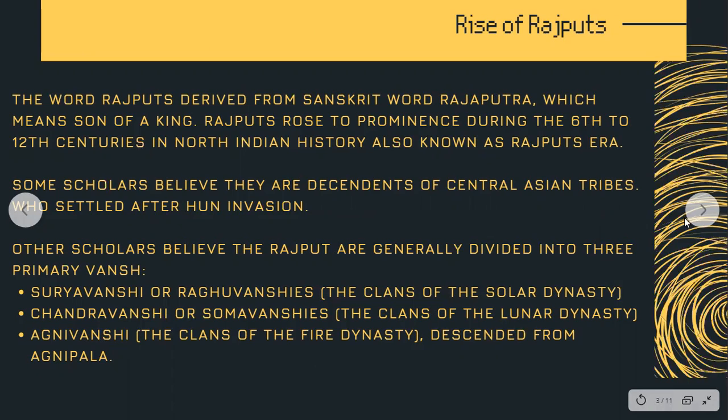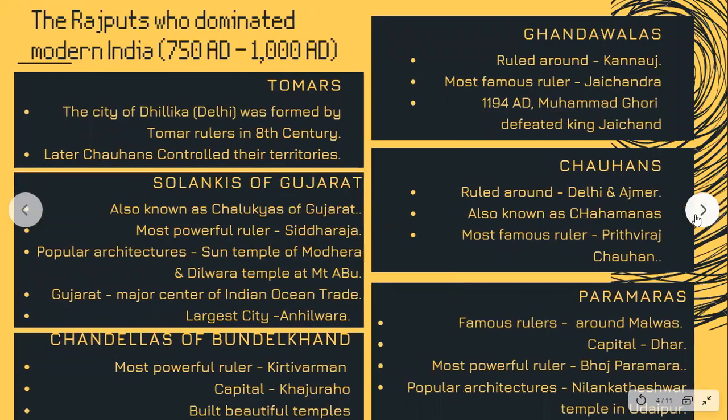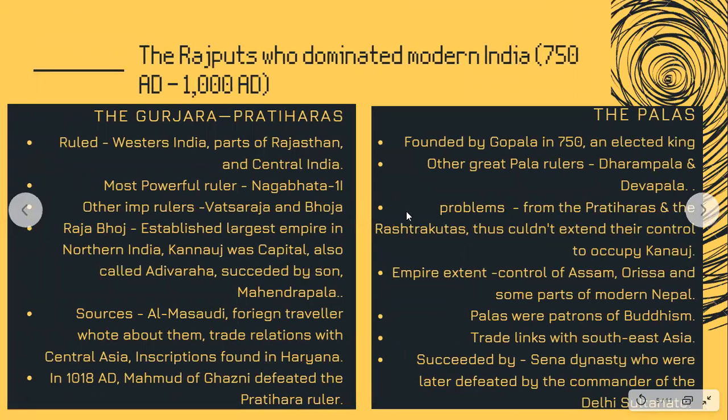Okay, so on this note, let's look at now some of the Rajputs who dominated the medieval India, that is between 750 AD to 1000 AD, right? So this is all North India. You have the Tomars, the Solankis, the Chandelas, Gahadavalas, the Chauhans, the Paramaras, then you have the Gurjara Pratiharas and the Palas, right?